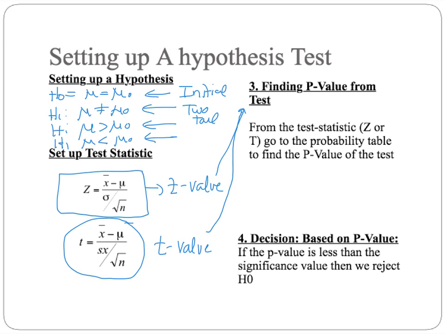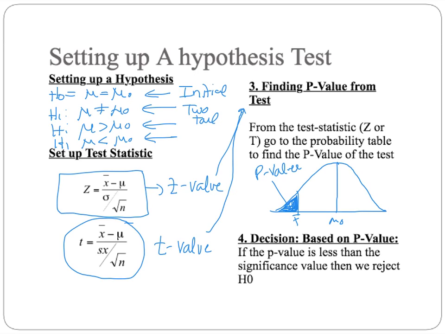So from the test, z or t, we go to the probability table, which is the standard normal curve or the t distribution. And if this is mu naught, we look at where x bar is in relation to mu naught, and we calculate the probability based on the z or the t. This probability is the p-value, right?